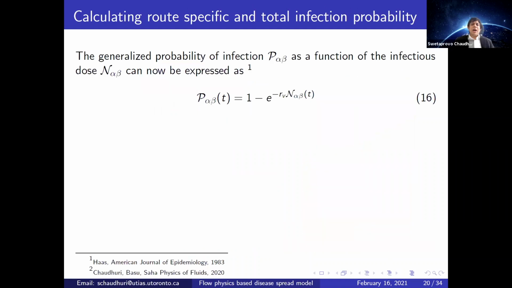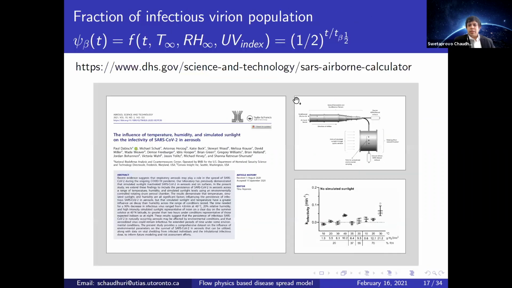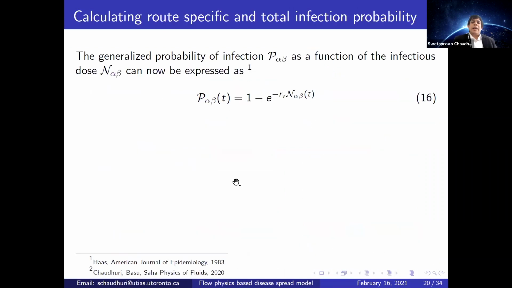Now, once the number of virus particles inhaled by the different routes is settled by these formulas that we have developed, we can estimate the probability of infection, and that is given by this formula. It's essentially a Poisson distribution.